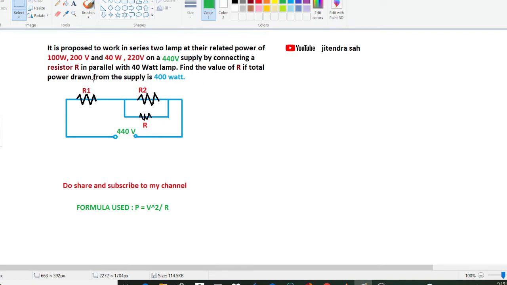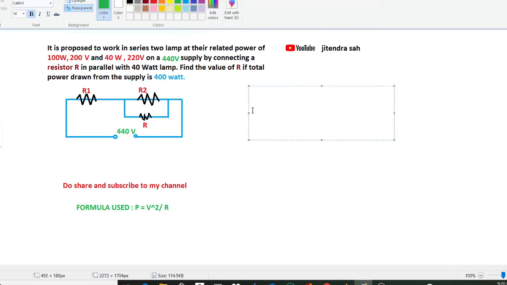Here the power drawn from the supply is also given in this question. We will use the formula P equals V square upon R. First we need to determine the value of R1 and R2.